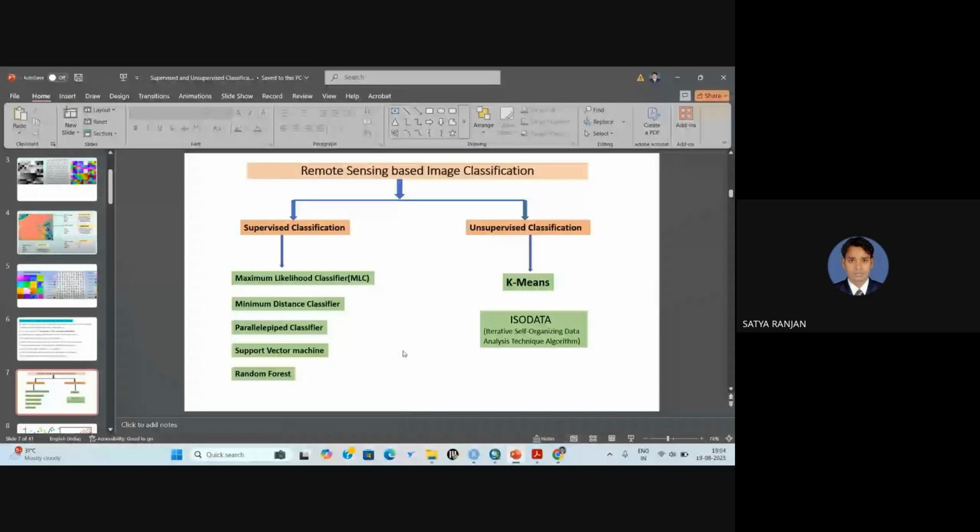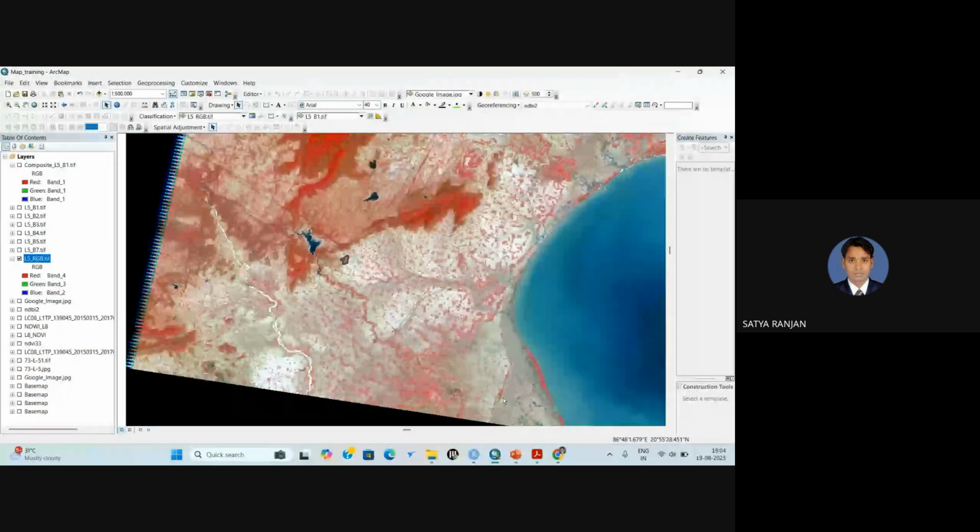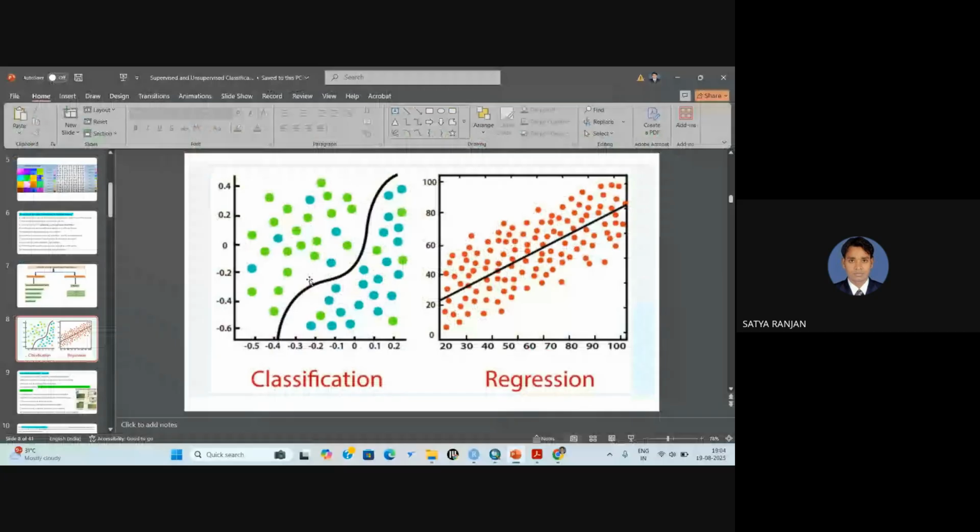Let me show you one of the classifications after completing this. This is the technique in this classification. Suppose these are the pixel information of different reflectance. Suppose the blue is the water body pixels and the green is the forest area pixels.